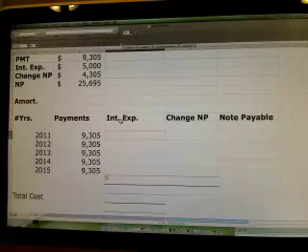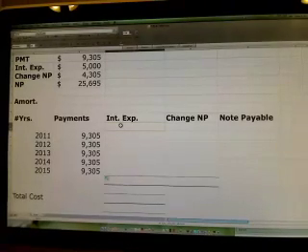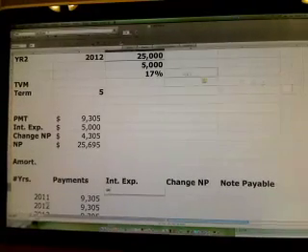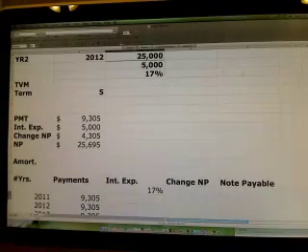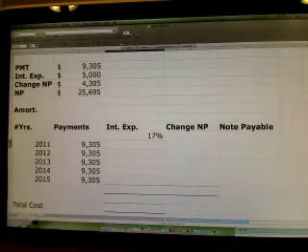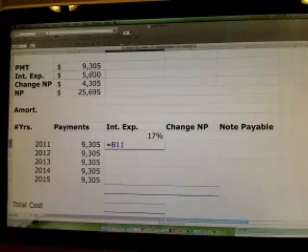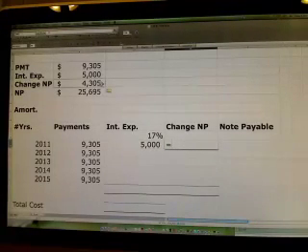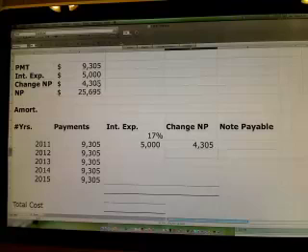The next thing I want to do is my interest expense. For one, I want to show what my interest expense rate is, which is the 17%. So I'm going to put that in the cell right up under interest expense. And we've also already solved for the interest expense for the first year, which was the $5,000. So I'm going ahead and plug that information in. And we did the same for the change or the principal, as we've already solved for it for the first year.